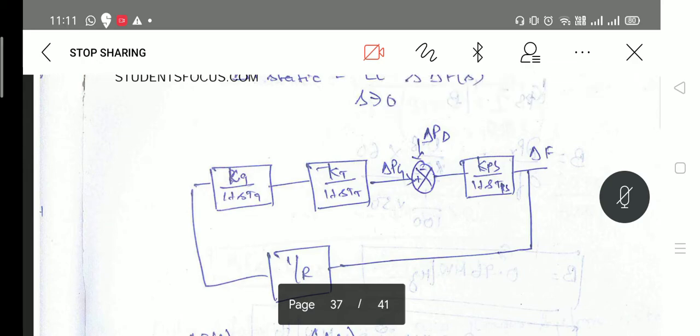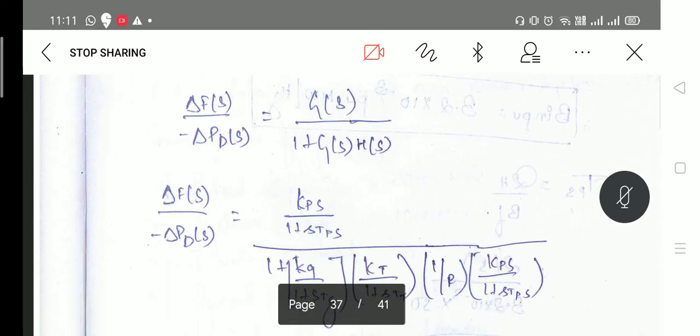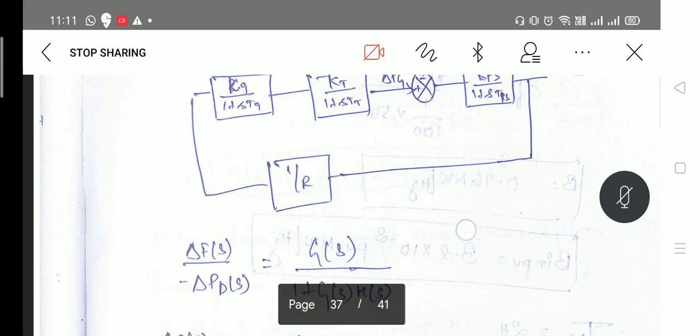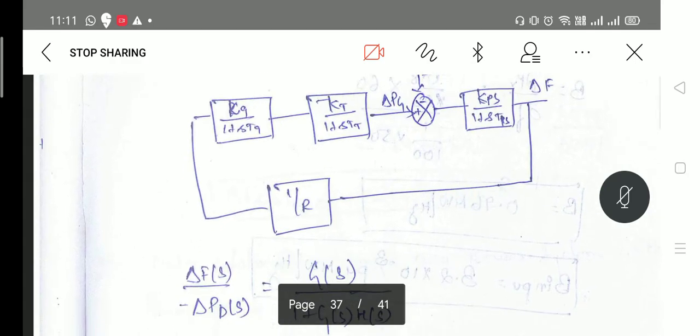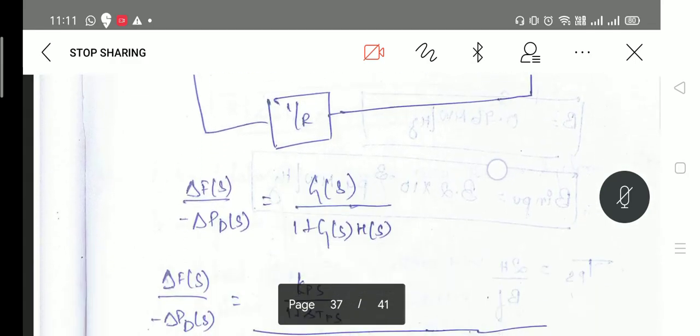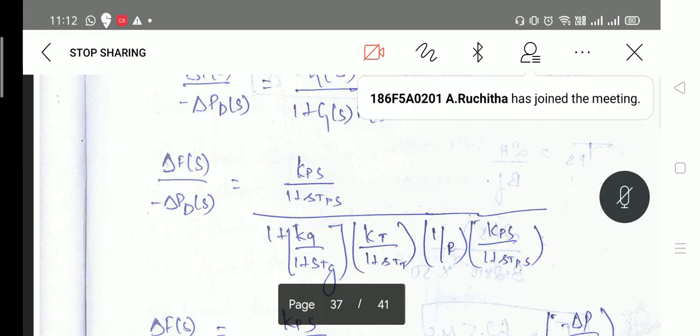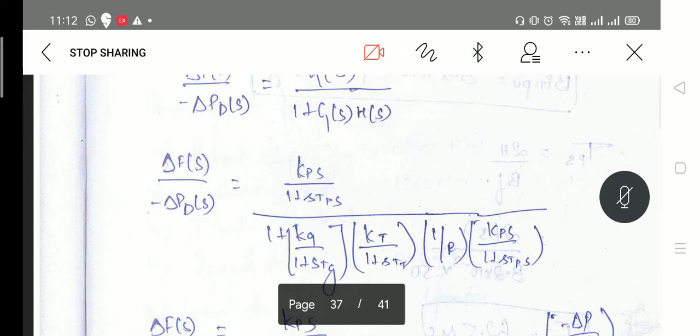So I am writing delta F of s by delta PD of s is equal to, here G of s is Kps by 1 plus sTps, and the remaining will be H. I am writing Kps by 1 plus sTps, divided by 1 plus Kg by 1 plus sTg, Kt by 1 plus sTt, into 1 by R, into Kps by 1 plus sTps.